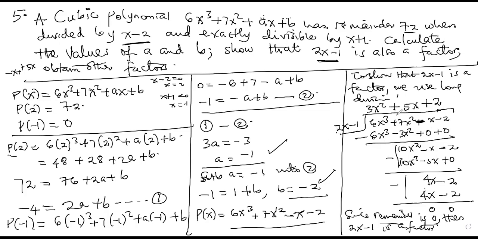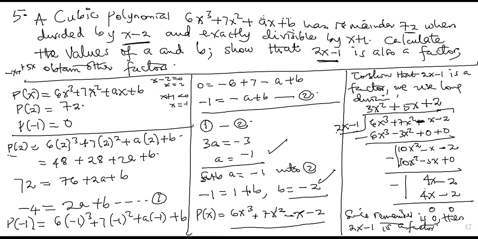So I'm rubbing it off because I cannot find other factors when it is not rubbed off. So we've gotten the quotient as 3x squared plus 5x plus 2, and the divisor is 2x minus 1. I'm just going to rewrite it, and then I get other factors.